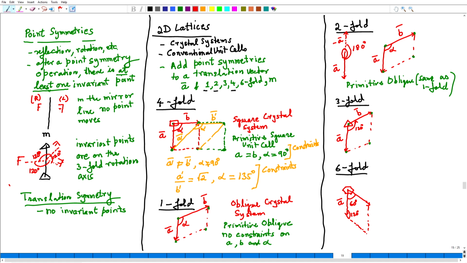Now if I compare one of the unit cells that we derived when we added 3-fold and then we look at 6-fold, are these two unit cells different? Actually they are not, because even in the cell generated by the 3-fold rotational symmetry, this is the 60-degree angle. So, for both the cells, it's just a question of orientation.